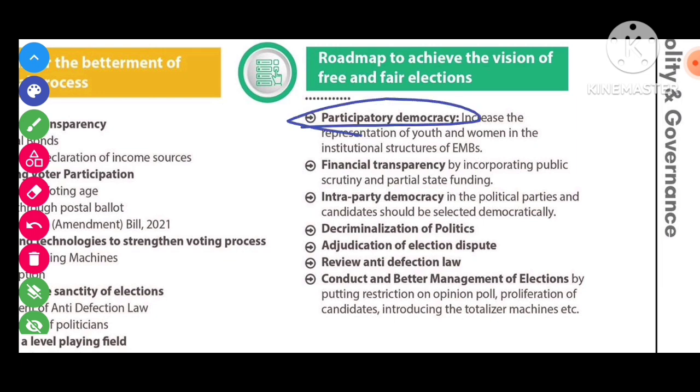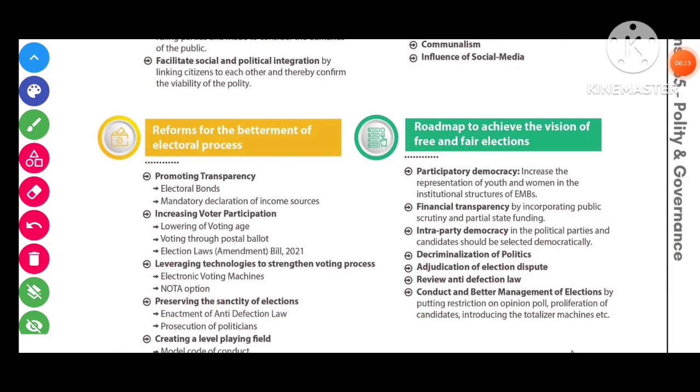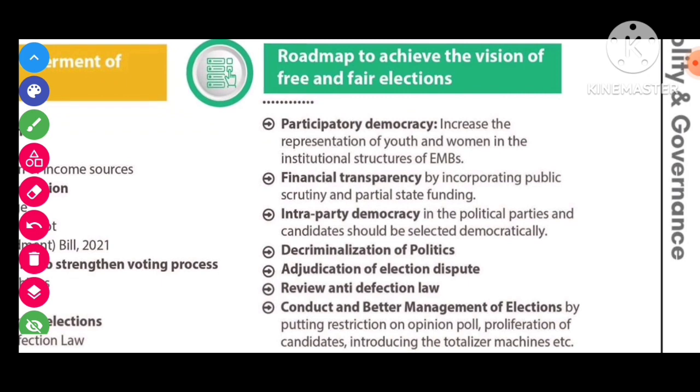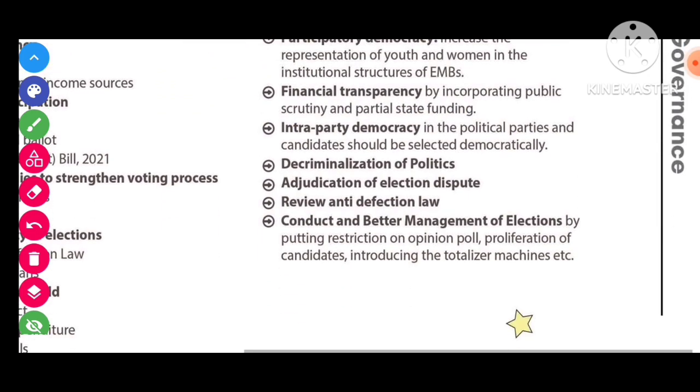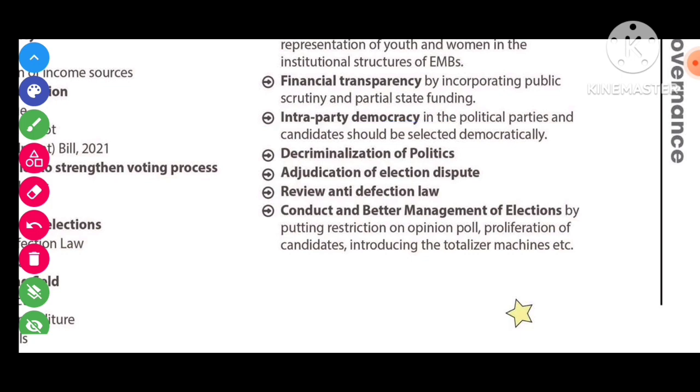Participatory democracy: the more participation of people as well as politicians, the more maturity in the democracy. With the help of participatory democracy there will be increased representation of youth and women in the institutional structures of electoral management bodies, and financial transparency by incorporating public scrutiny and partial state funding, and intra-party democracy, where candidates in political parties should be selected democratically, and decriminalization of politics.